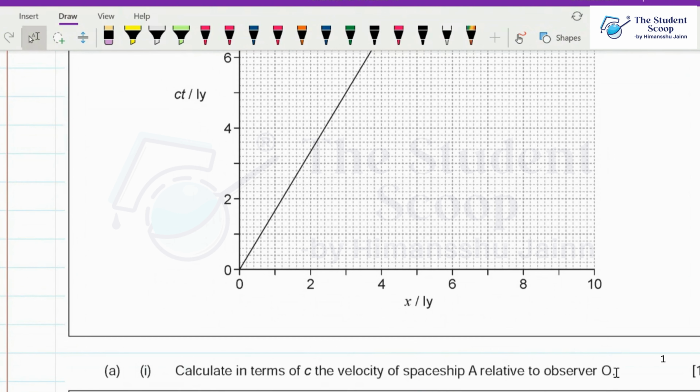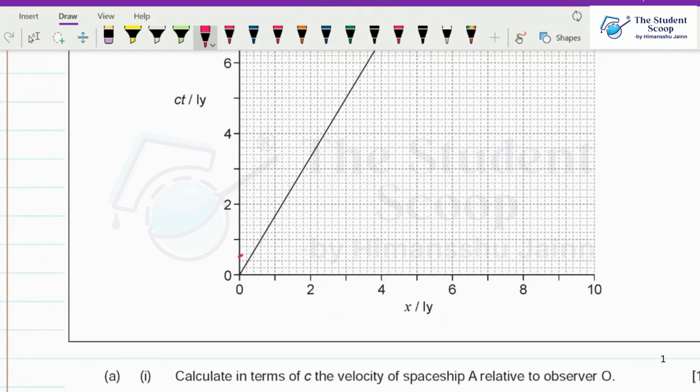Now, how to calculate the velocity of A? We need to measure this theta. As I mentioned, tan theta is equal to V by C. Now what will be the tan theta here? If I take these coordinates, this will be the opposite side, and this the adjacent side. The opposite side is roughly around 1.2, and the adjacent side is 2.